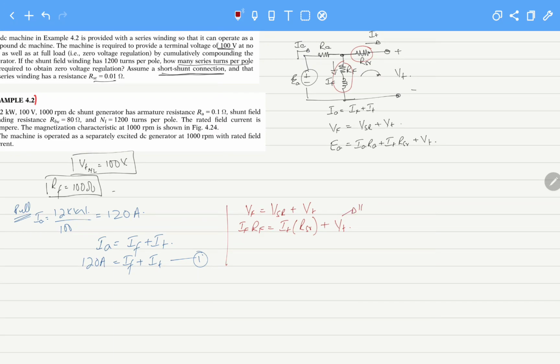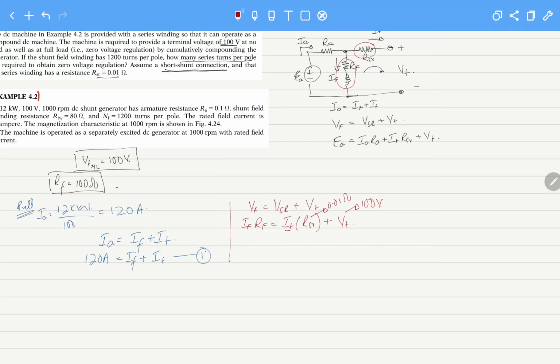Now at full load we need 100 volts, and the terminal current we don't know, but the series resistance we know is 0.01 ohms. Here it is given, and the value of RF we also know: at no load, 100 ohms gave us 100 volts, so this is also 100 ohms. So the value of IF will be IT times 0.01 ohms plus 100 volts divided by 100 ohms.